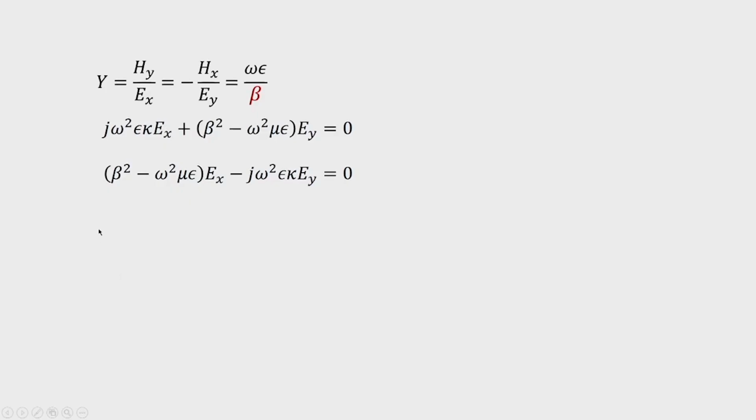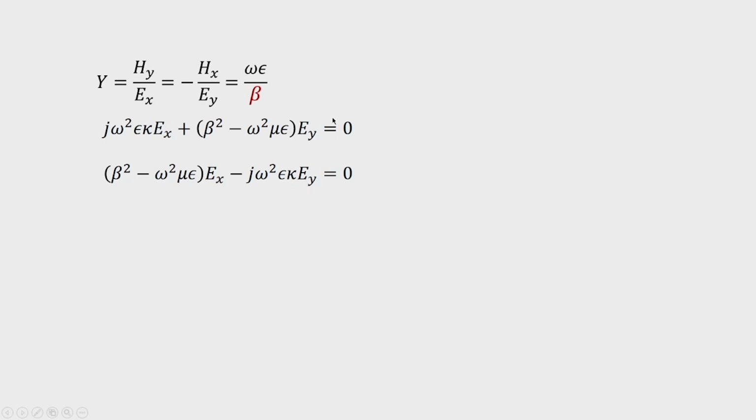we get a set of two equations: j omega squared epsilon kappa E x plus beta squared minus omega squared mu epsilon E y equal to 0. Similarly, beta squared minus omega squared mu epsilon E x minus j omega squared epsilon kappa E y equal to 0.